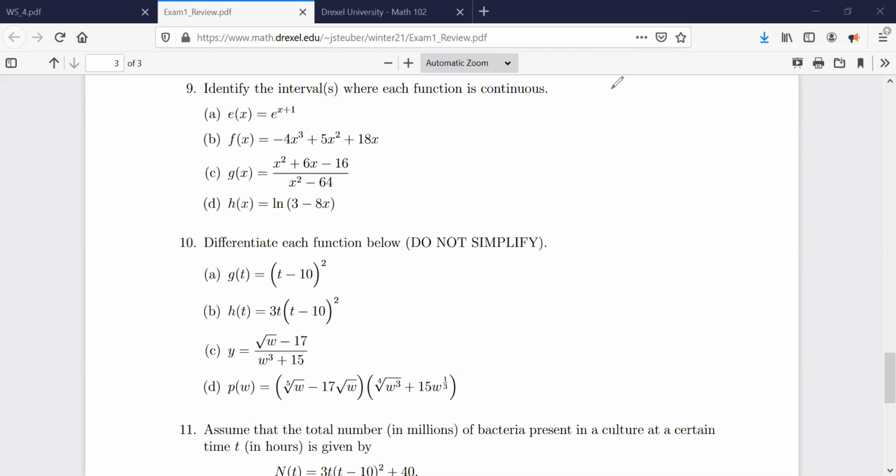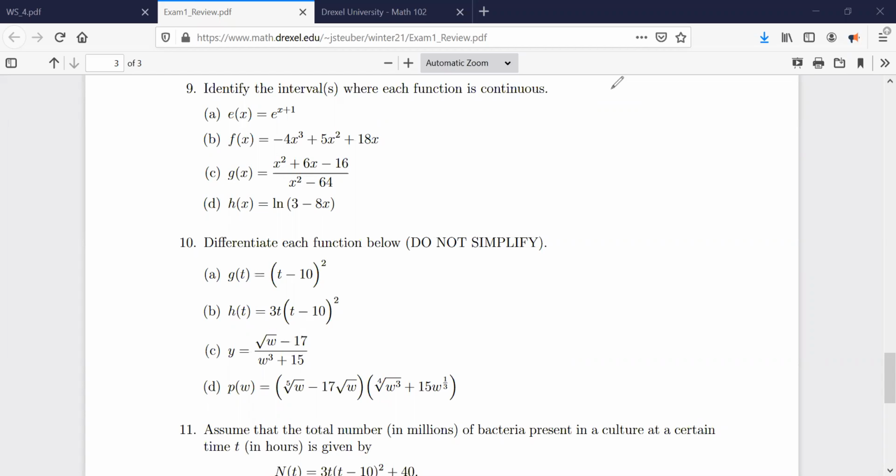What value would I have to plug into e to the x to get -73? I can't. It's impossible. I can't get a negative number, and I also can't get 0 because I would have to plug in e to the negative infinity to get 0.